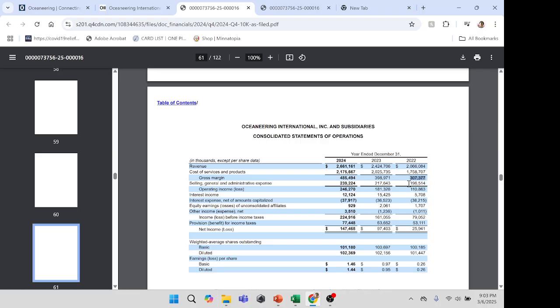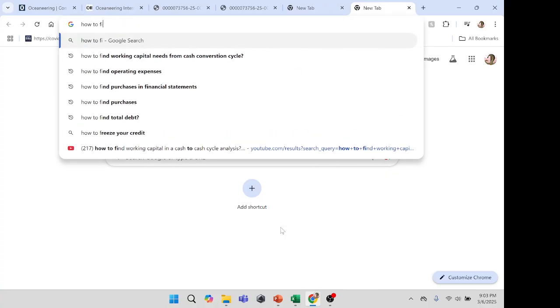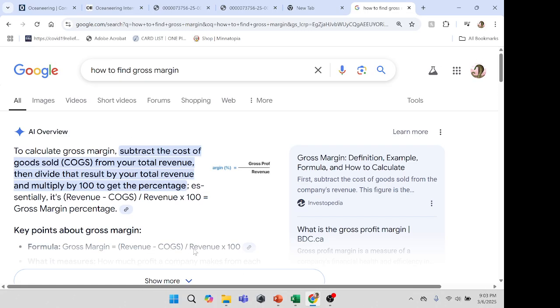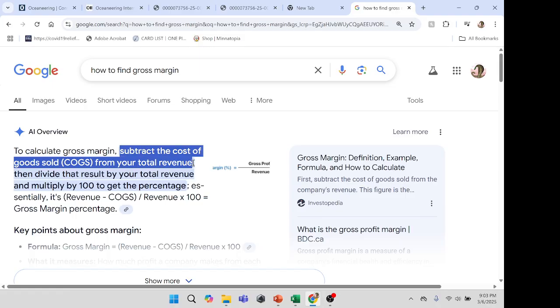So in this case, they are subtracting it out. And also, you could just Google how to find gross margin. You could just search how to find gross margin, and let's see, subtract the cost of goods sold from total revenue.